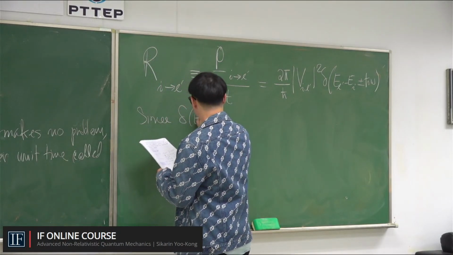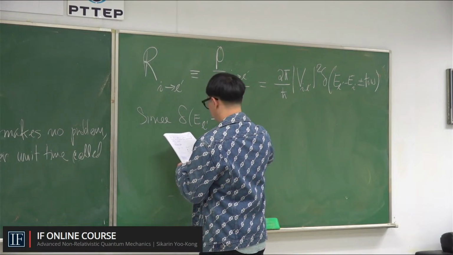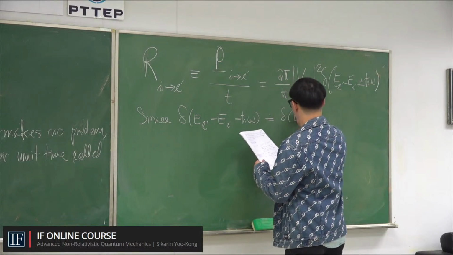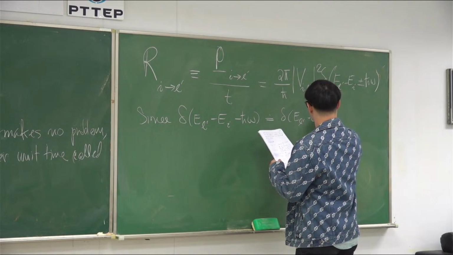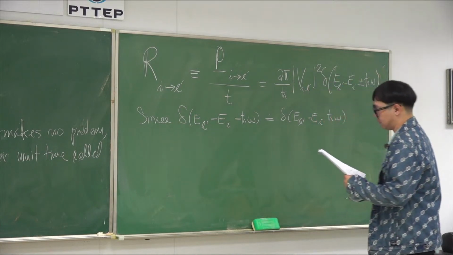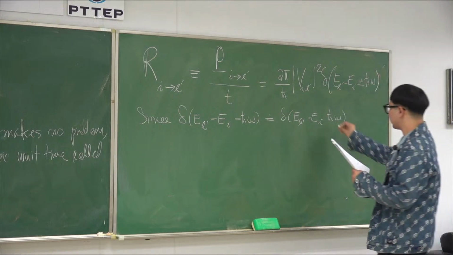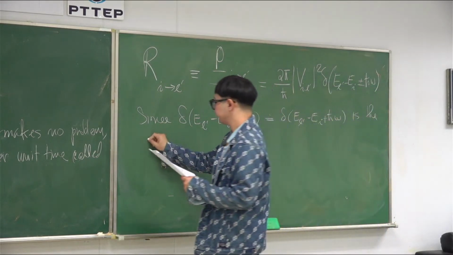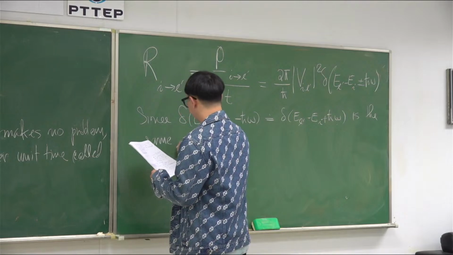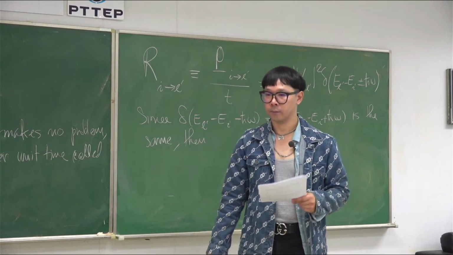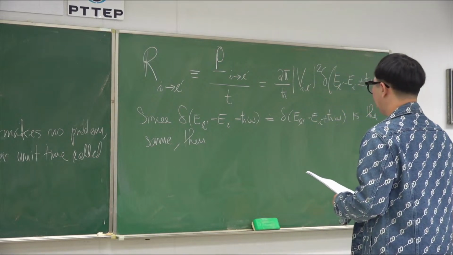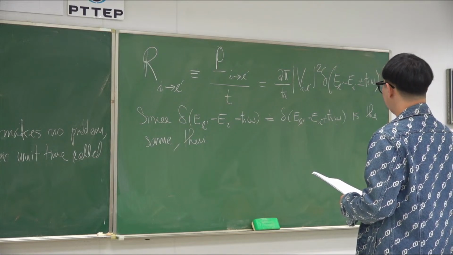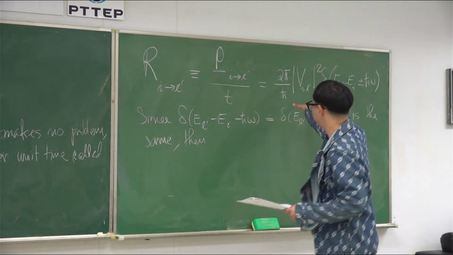Since this delta function is the same, so it's constant, always constant. Yes, it's proportional to this bit, right?